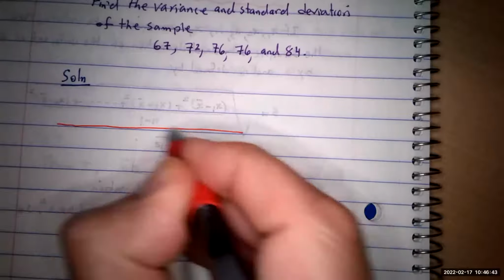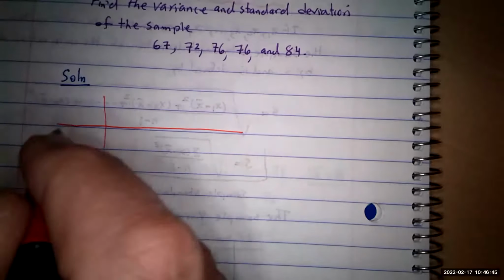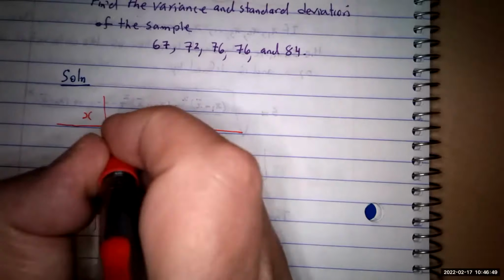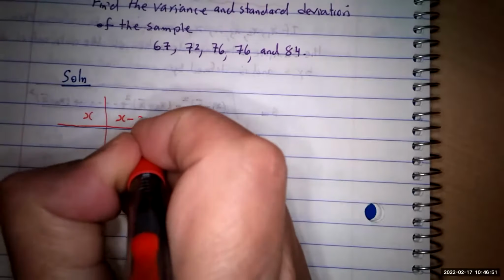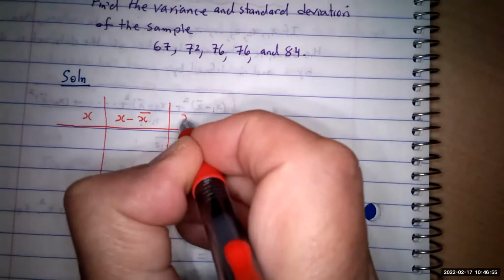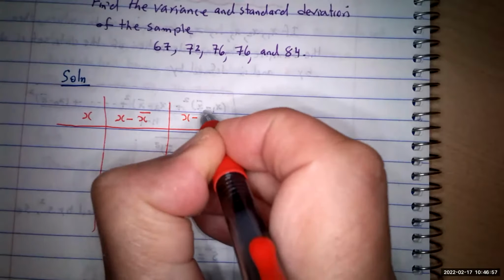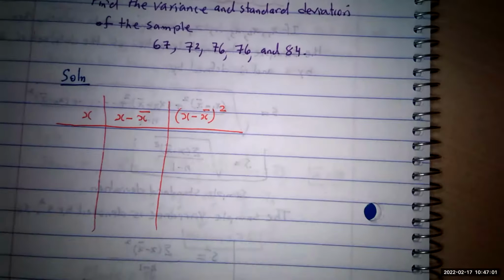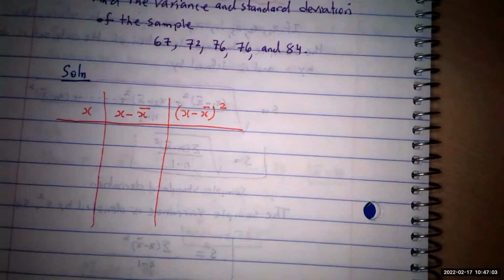So we have a table here. This is going to be x, the numbers. This is going to be x minus x bar. And this is going to be x minus x bar squared. And you know that you add these squares together, that gives you sigma of x minus x bar squared. You divide by n minus 1, and then you're done.